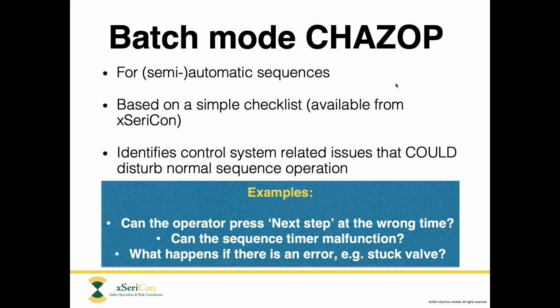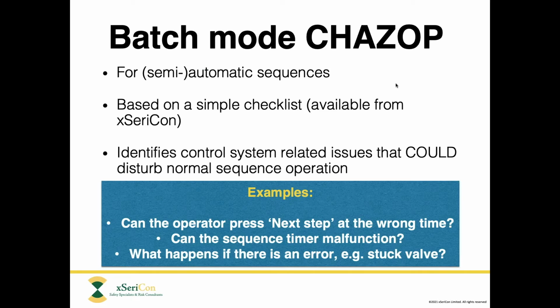The CHAZOP for batch mode would be based on a relatively simple brief checklist, which we can provide an example of if required. What we're trying to do is to identify which types of issue in the control system, such as malfunctions or misoperations, could upset the normal intended operation of the sequence. And these are mostly yes-no questions that we would ask.